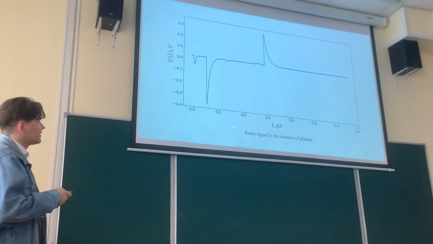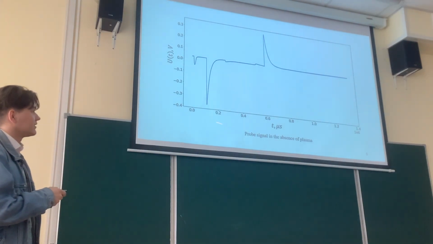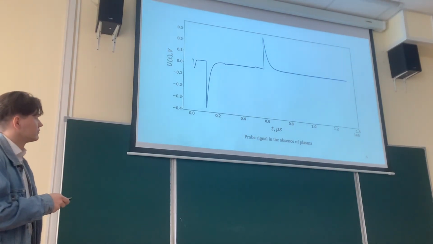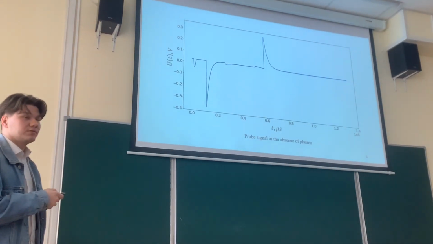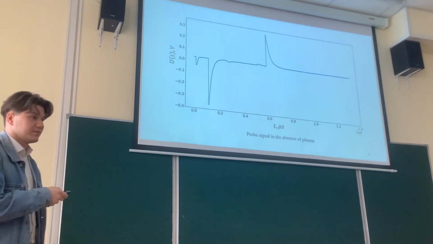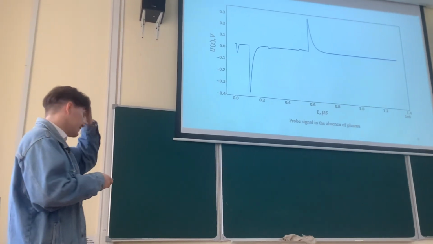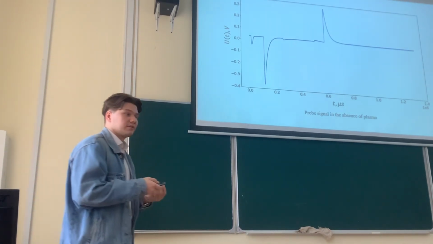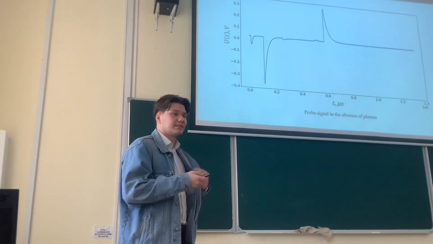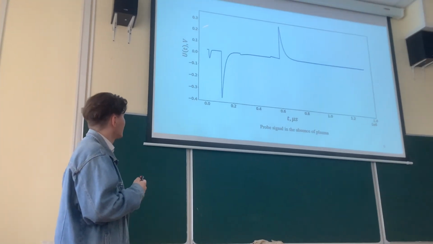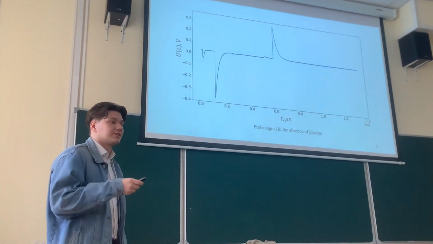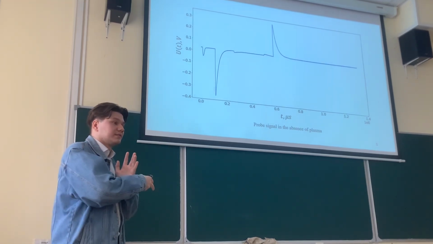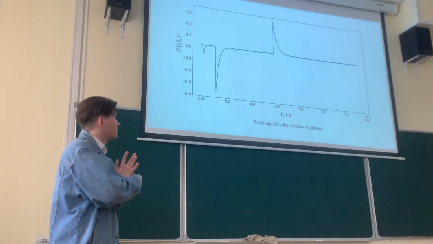So there is the signal of our probe without plasma inside the installation. This experiment was needed to calibrate our probe, to understand what voltage is connected with the flux that's coming through the loop.